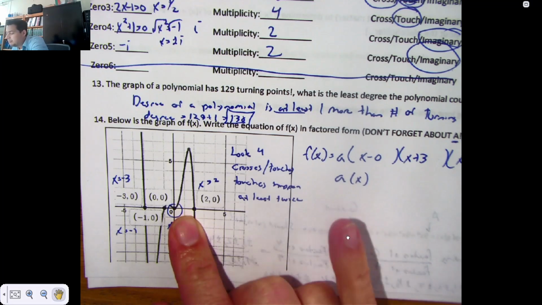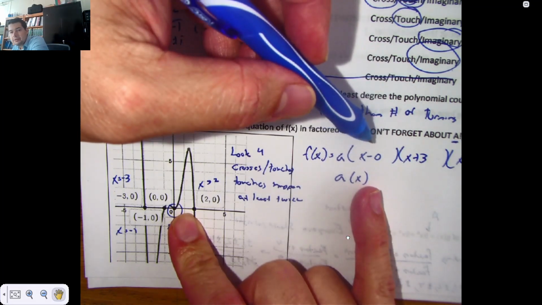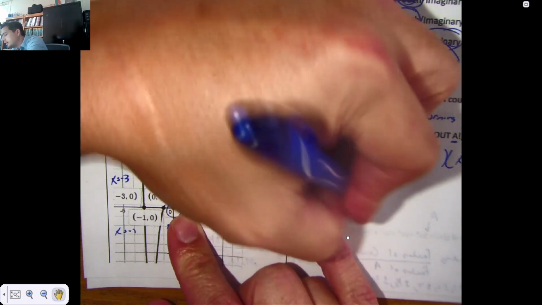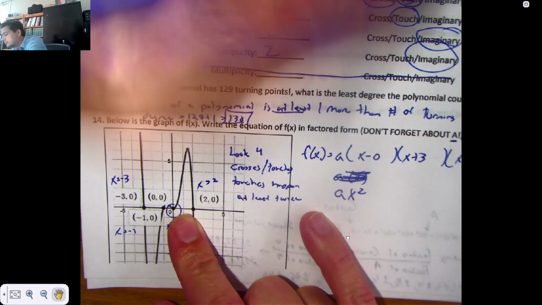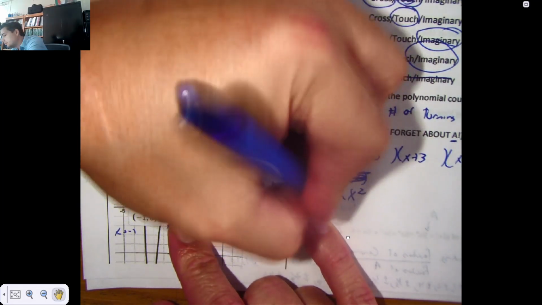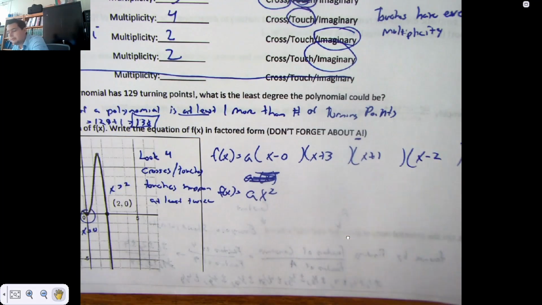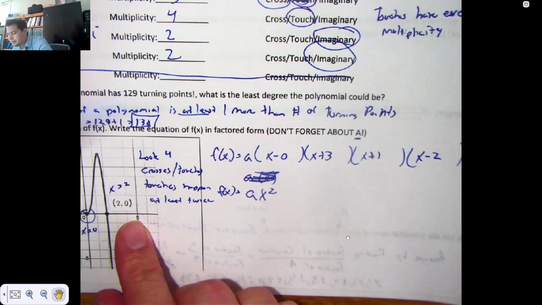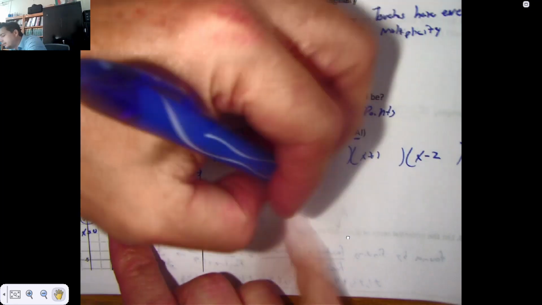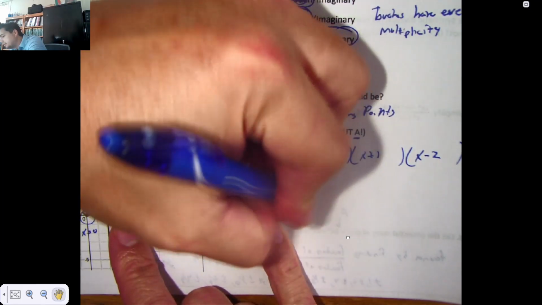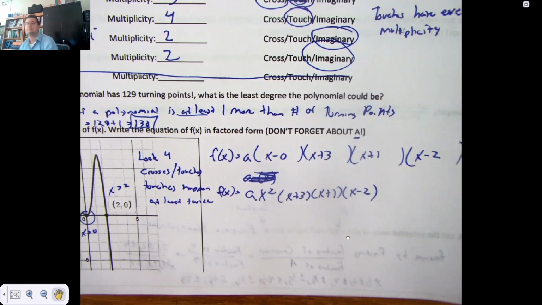And that was created by this initial factor that I wrote. So I don't like the fact that I left x in parentheses. That x is just squared. And then I just write down the rest of the factors. They're all crosses. Cross the x-axis, cross the x-axis, cross the x-axis. They only have to happen once because we're writing a polynomial of least degree. And there's what I have.